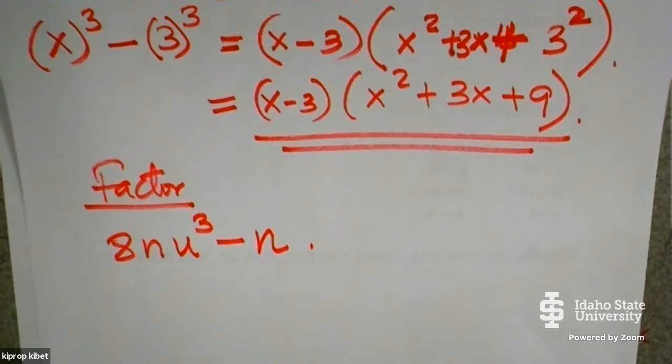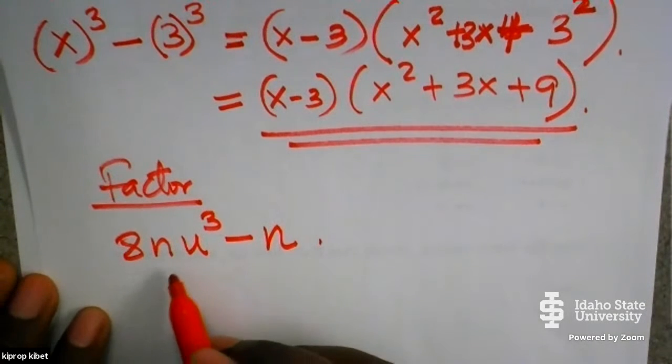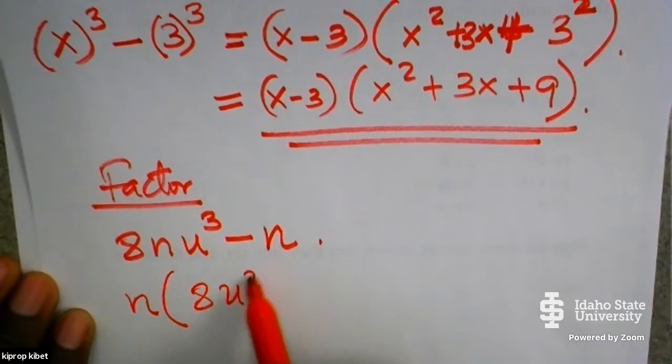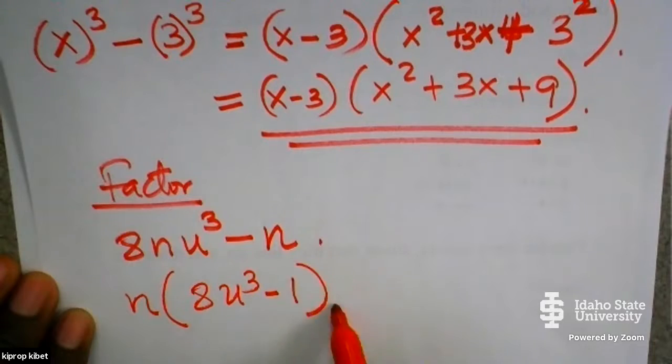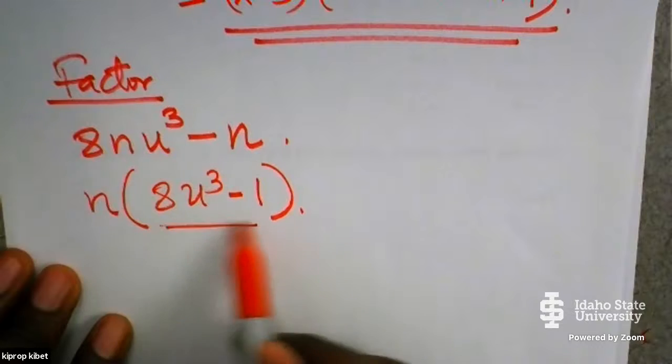So what do you do first? We factor out the GCF, which is n, and then we have 8u cubed minus 1. Then we now factorize the inside.